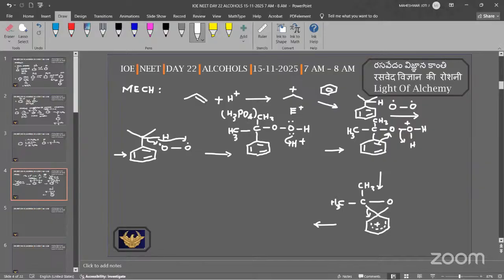This bond between the isopropyl carbon and the benzene ring carbon does not exist in the next step. O, CH3, CH3. This carbon is losing electron density, it gets a positive charge.